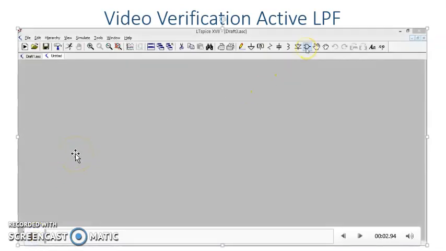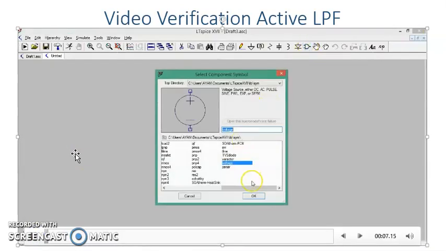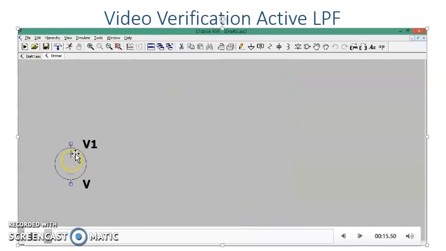Here you will select the components, write down the component that you want to acquire. I'll write it as voltage source initially. So this is how voltage source is placed. I need resistors.